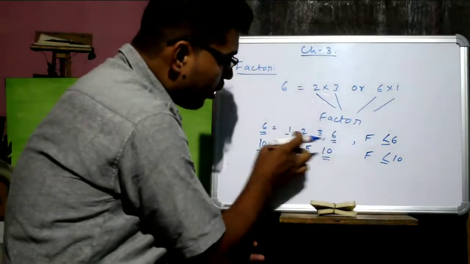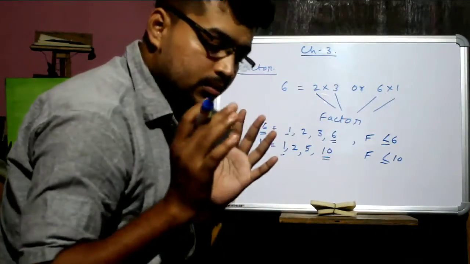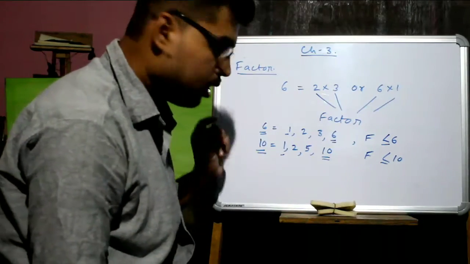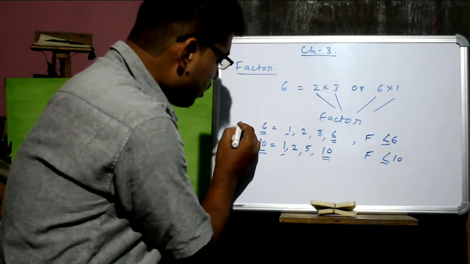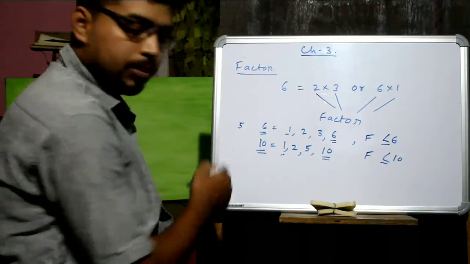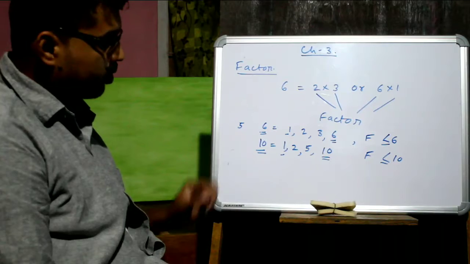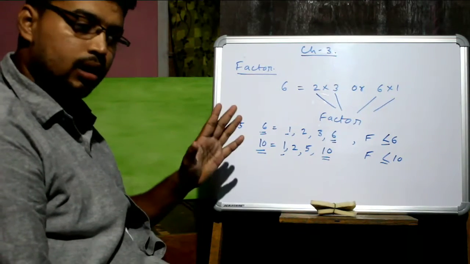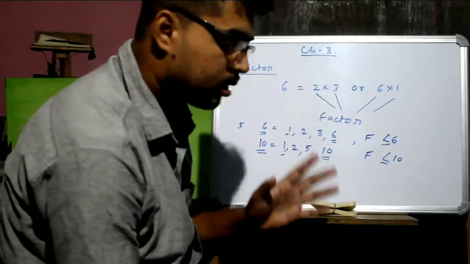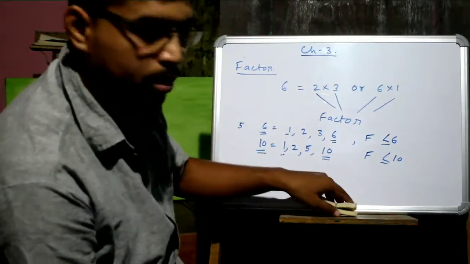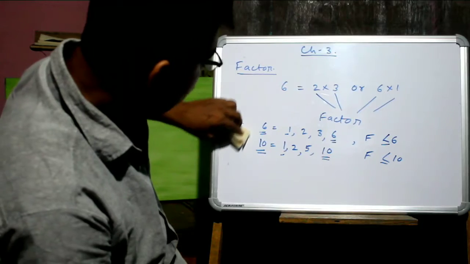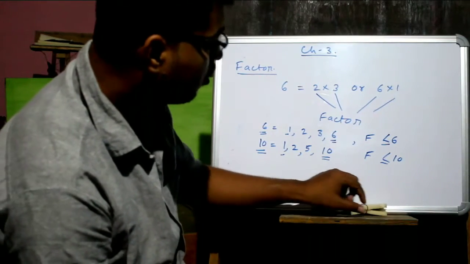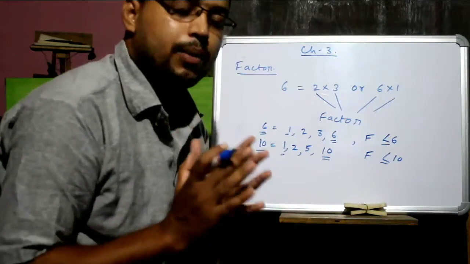So all these factors are perfect divisors of the number. But 5 is not a factor of 6, because if we divide 6 by 5, we get 1 point something. So for a factor, we need a perfect divisor.